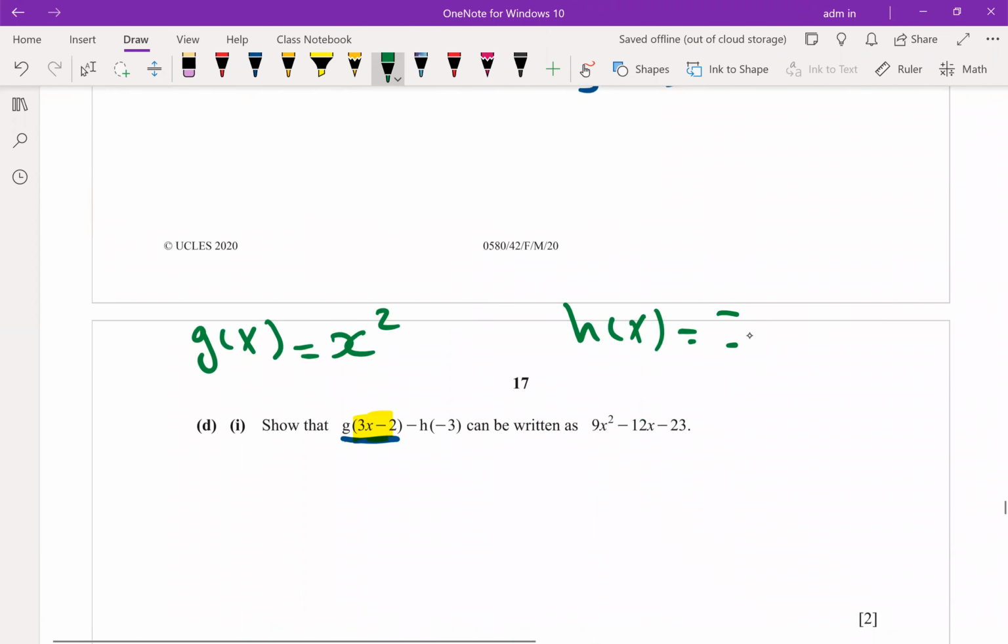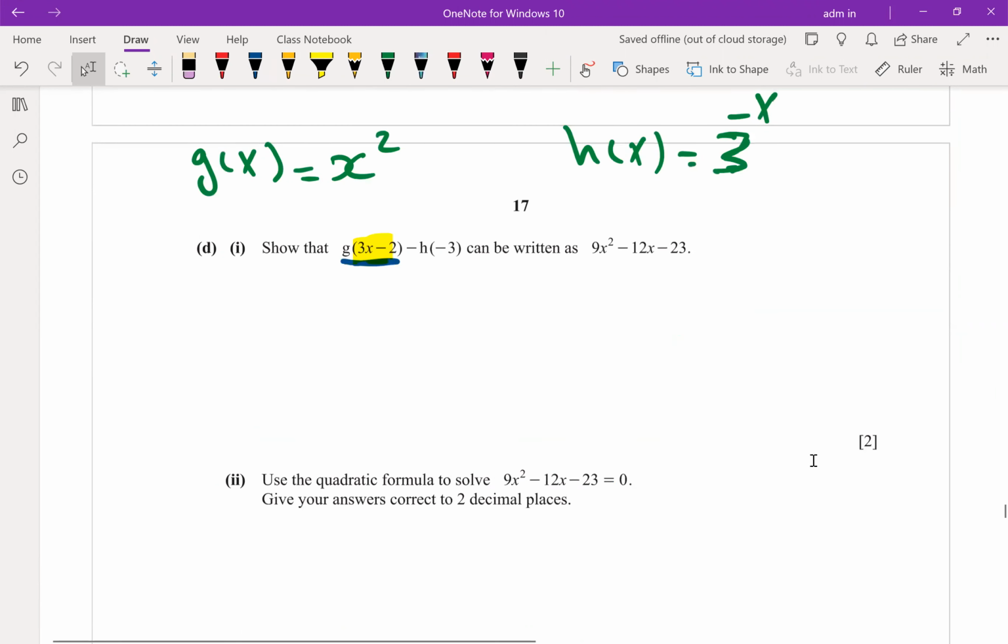Remove x and write 3x minus 2, the whole squared. Clear?